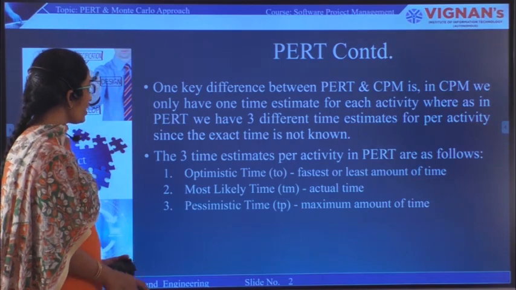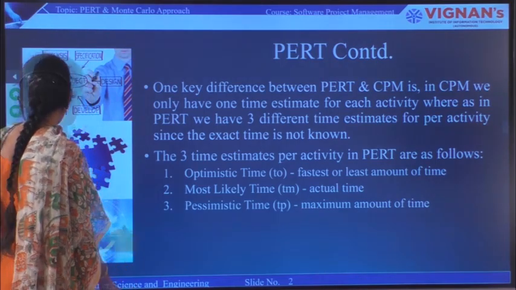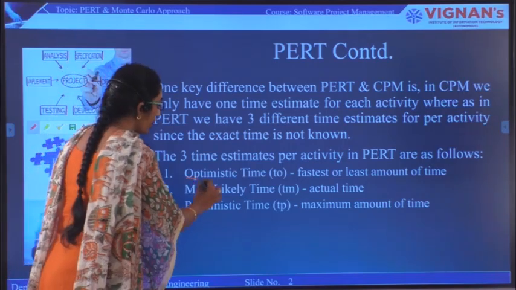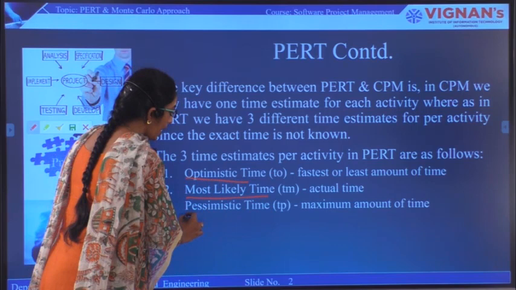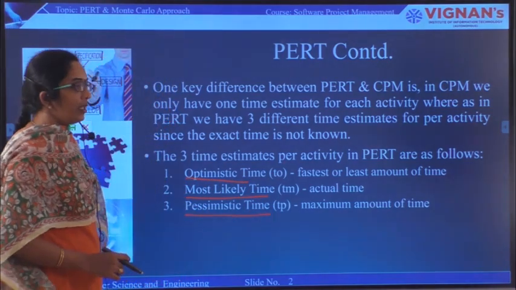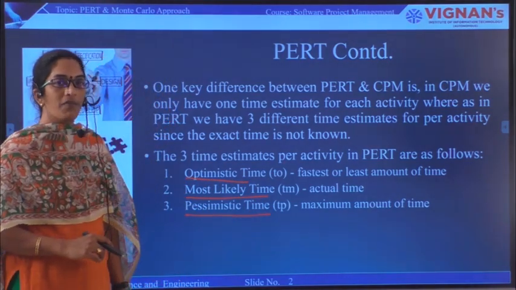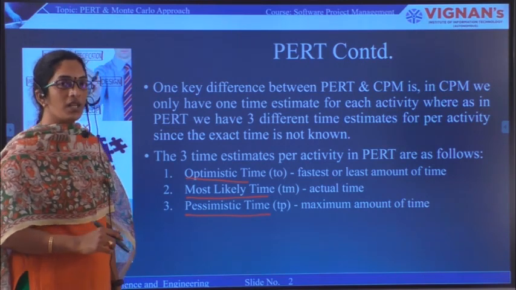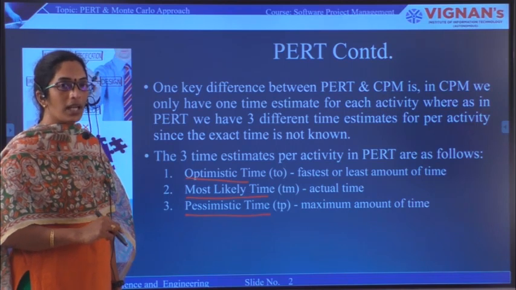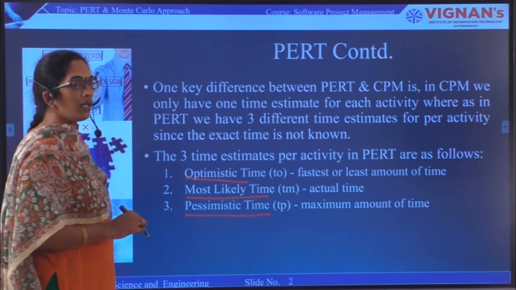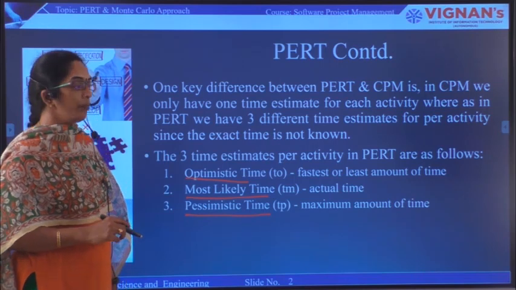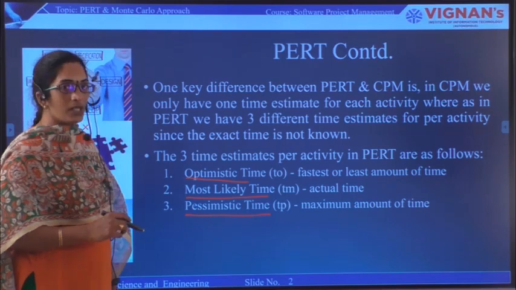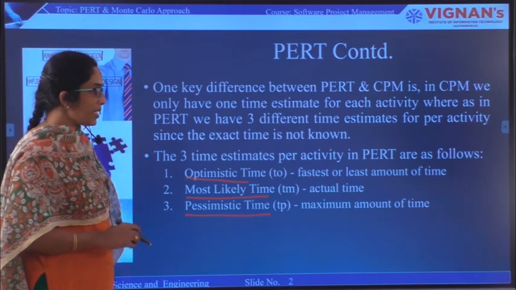The three time estimates are optimistic time, most likely time, and pessimistic time.